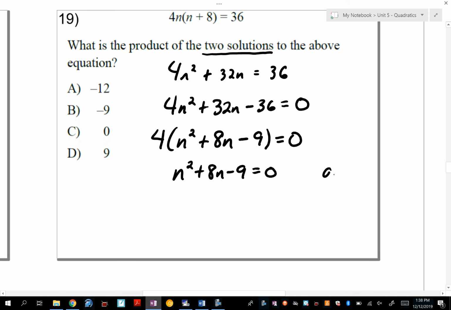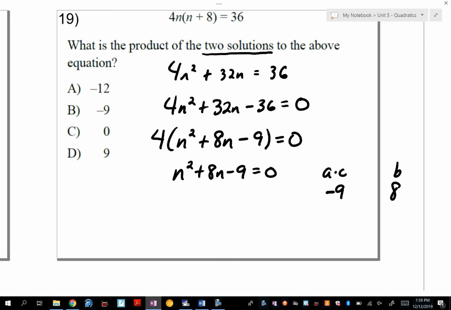So if I factor, I need a times c and b. What is a times c? -9. What is b? 8. So what 2 numbers multiply to give you -9 and add to give you 8?